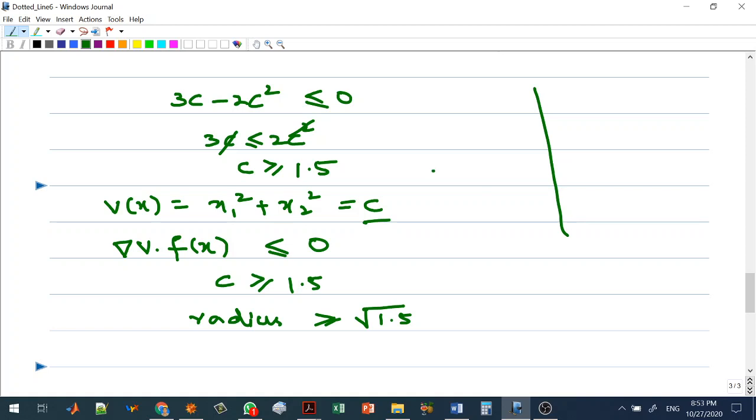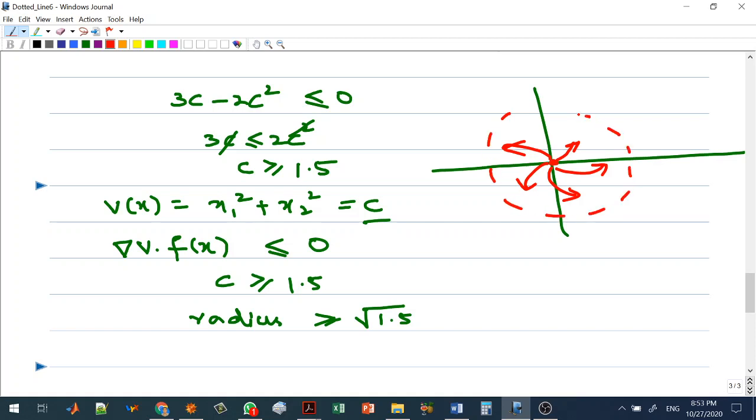So if we make the phase portrait of this system, then here is the origin, and this is unstable, so the trajectories are spiraling away from it like this, and this is the region with radius, that's how we plot the radius.